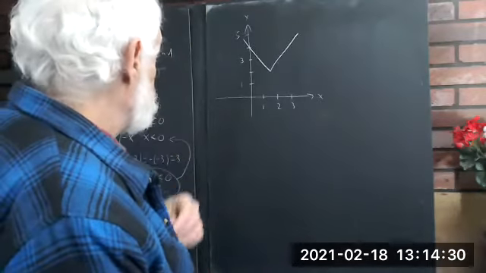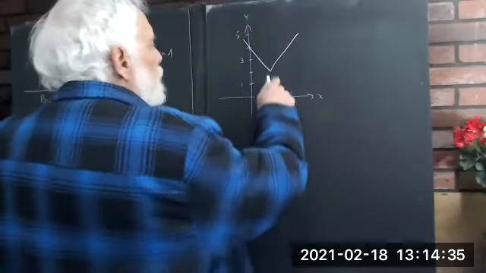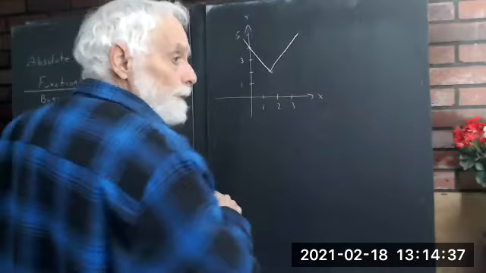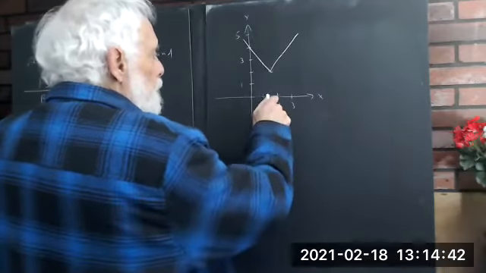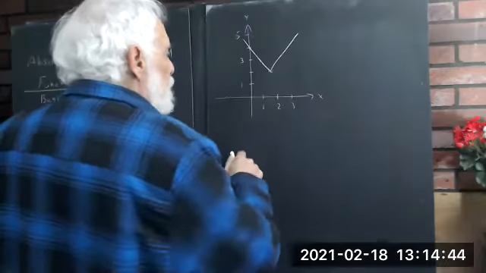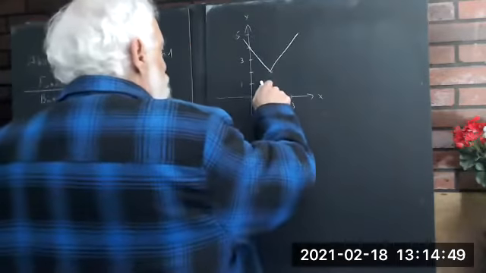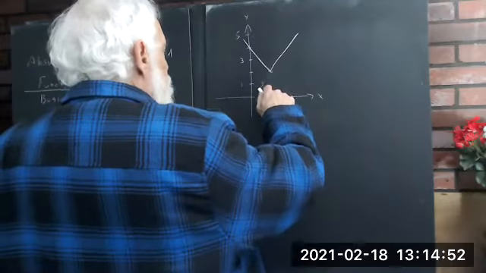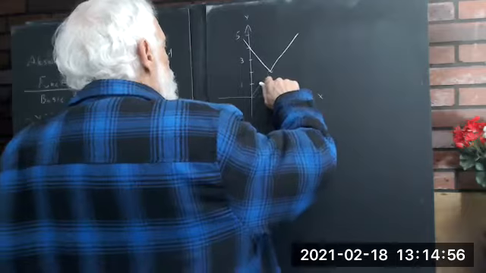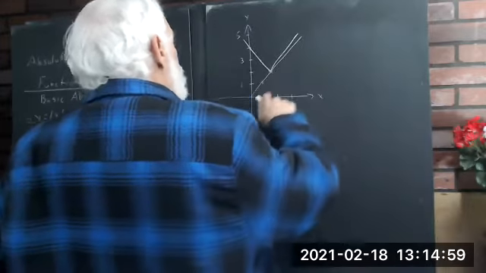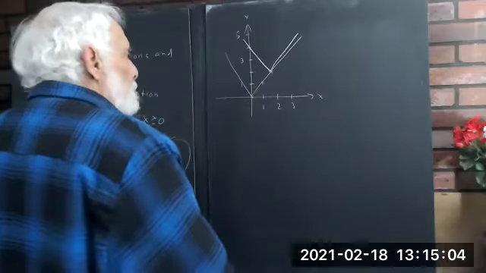Well, it appears that the vertex has been shifted from the origin over this far. So we can draw the regular absolute value function. It goes through (1, 1), it goes through (2, 2), and so forth. And over here, we have the same thing.